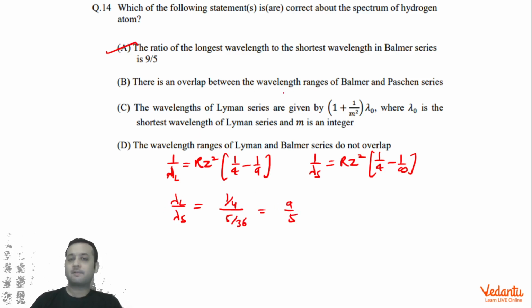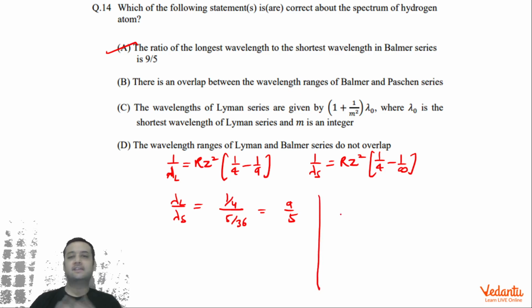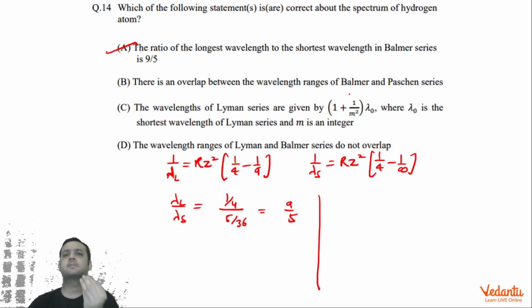There is an overlap between the wavelength ranges of Balmer and Paschen series. That means we have to talk about whether the Balmer and Paschen series overlap or not. Now it's very easy to see. If the wavelengths overlap, then energies will also overlap because hc by lambda is the energy. So let's find the smallest possible energy of Balmer.